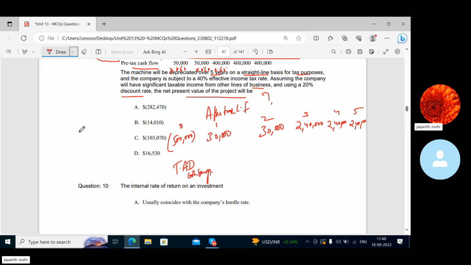What is the equipment value? It is 500,000, and the life is 5 years, so $100,000 is the depreciation. On that, at a tax rate of 40%, 40,000 is my tax shield, the tax saving.